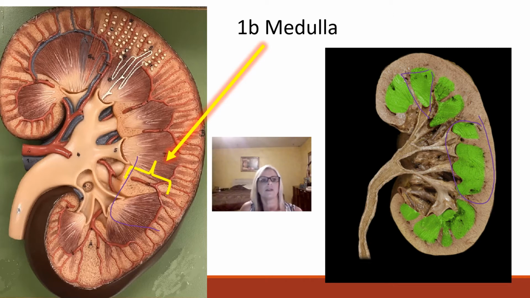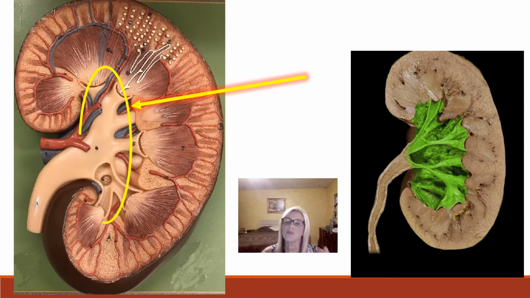So this is where the filtering of waste materials and elimination of bodily fluids, this is where the business is done, so to speak. So next we have the renal sinus, which of course you know a sinus, or you should know, is what? What is the sinus? We have sinuses in our head, right? That's a region of space, okay? And so this is a cavity within the kidney, which is occupied by the renal pelvis, the major and minor calyces, blood vessels, which you can see here, some nerves, and even some fat.